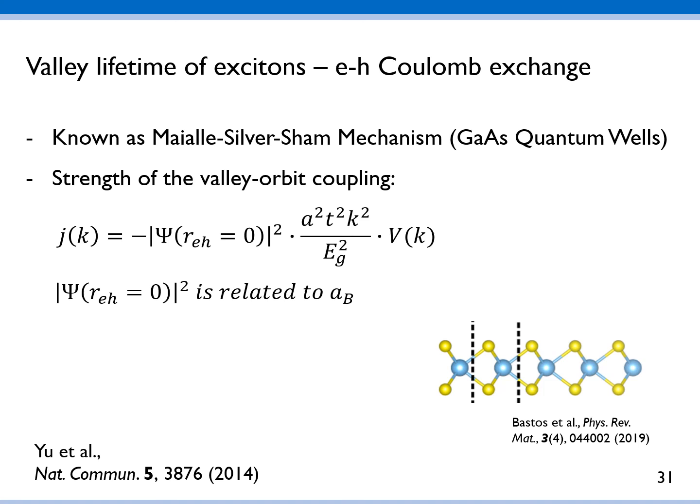So when the electron sits on top of the hole, so they are spatially overlapping. Now we can imagine that if we have a smaller Bohr radius, we definitely have more chance to overlap electron and hole wave functions. Thus, our coupling strength is much larger in our monolayer system, our 2D system, than in, say, the gallium arsenide system. And this leads to easy valley depolarization.